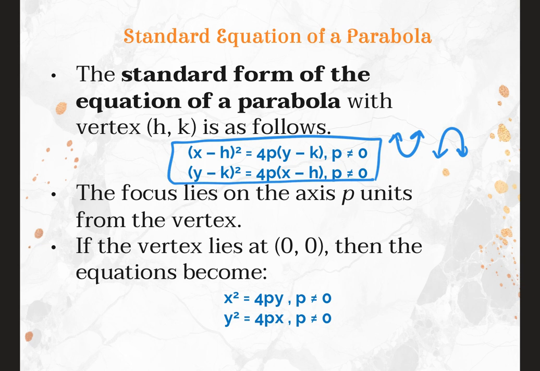And this would be up if it has a positive 4p and down if it has a negative 4p. And then if the y is squared, it points right or left. Right if it has a positive 4p, left if it has a negative 4p.